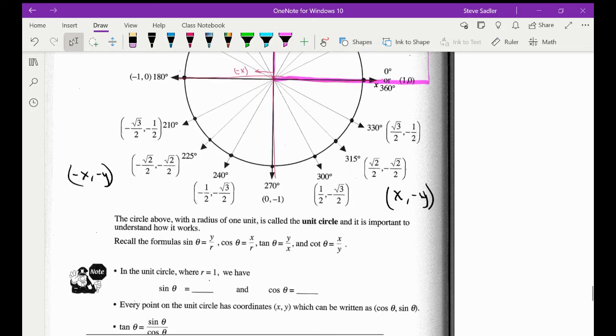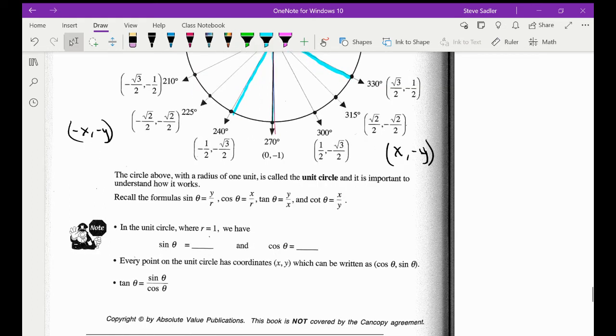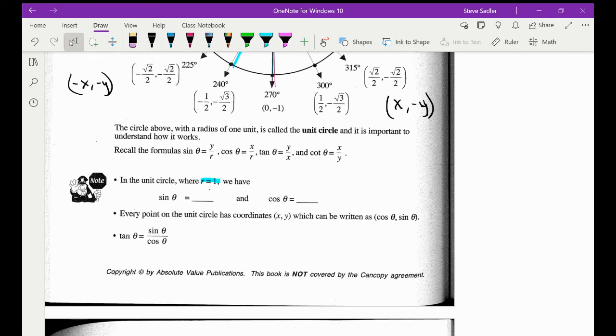So the circle above all has a radius of 1. So all of these measures from here to here or here to here or even there, those are going to be a radius of 1. And that's important because we know that sine of theta is equal to y over r, but r is 1, that means sine of theta is just equal to y.